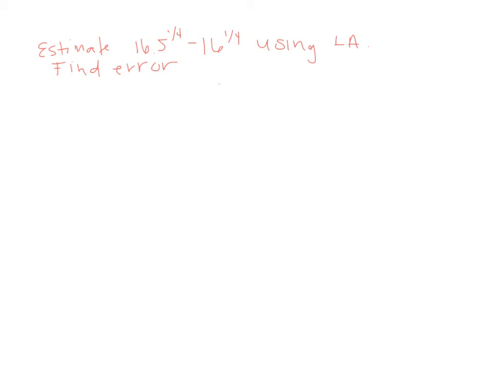When we talk about change, we're talking about difference: how something at one point has gone to a different point, and we quantify that change by how far it has traveled. The fact that this is a subtraction problem tells you this is a change in f problem instead of just a linear approximation straight up.